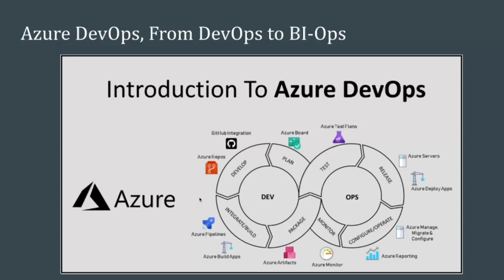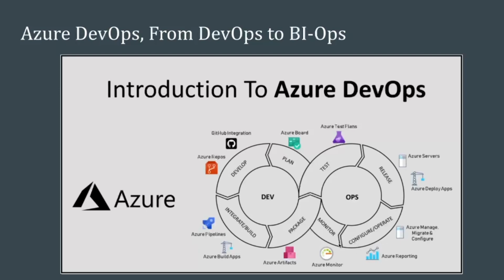So you have the combination of services on Azure. We have the plan, which uses Azure Boards. We have the Azure Git repo. We deploy using Azure Pipelines and Artifacts, and we have Test Plans here. In order to release or deploy the package, we have Azure deployment apps or Azure services. And then we have more configuration to operate, which is Azure reporting or Azure services or Azure SQL database.